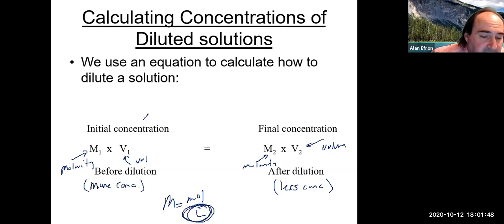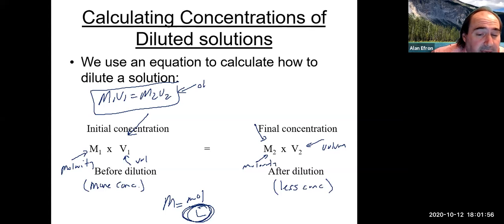If you're using this dilution equation, M1V1 equals M2V2, milliliters are okay for the volume, but not okay in the molarity formula, because typically if you use milliliters there, you'll get millimoles and not moles.